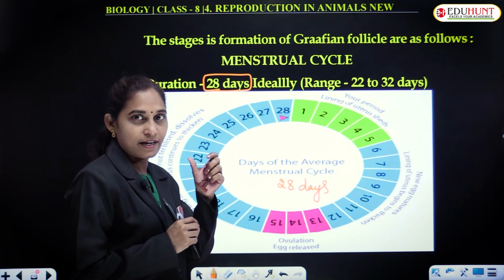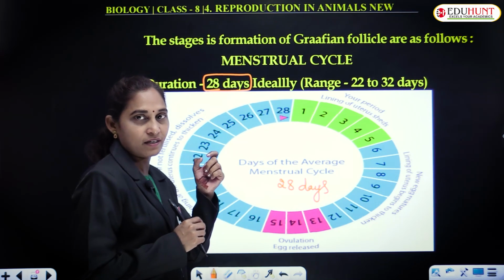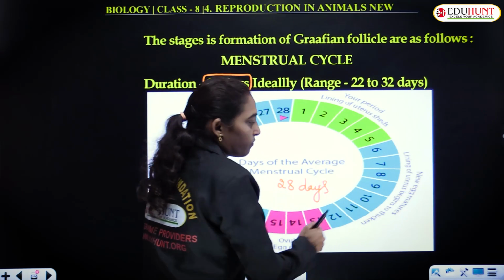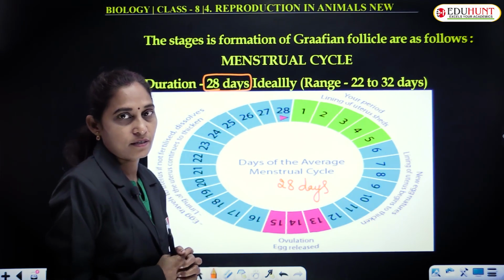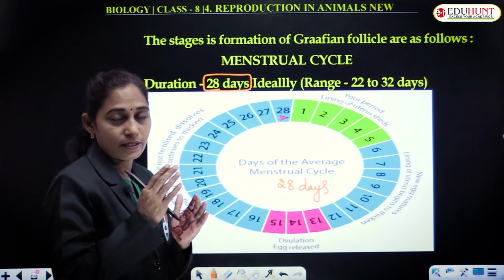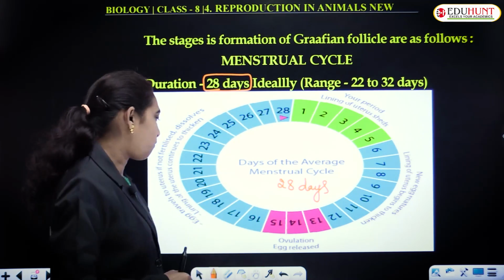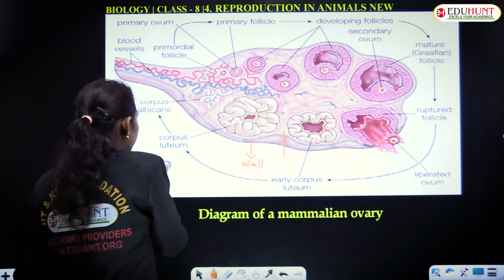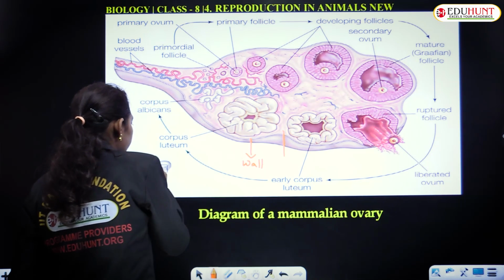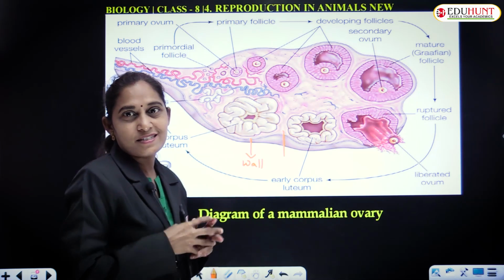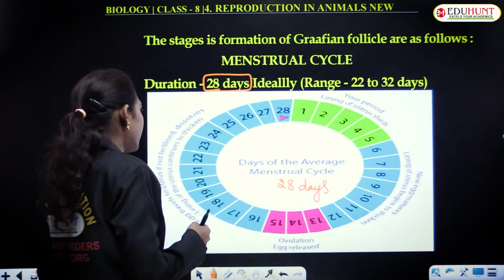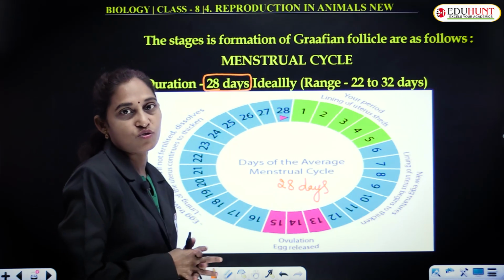The uterus lining thickens from day 6 to day 12; here this is the uterus.